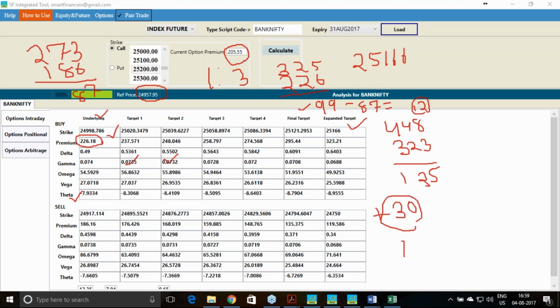Why simply buy one option and take 50-60 points, near about some 50 points of stop loss? Why not form a spread in this order, where 30 rupees will be the chance to win and 12 rupees the chance to lose?